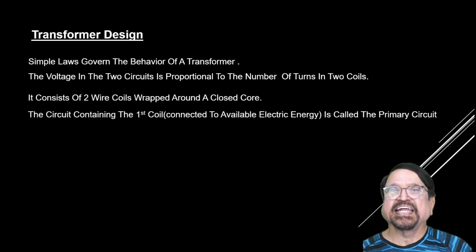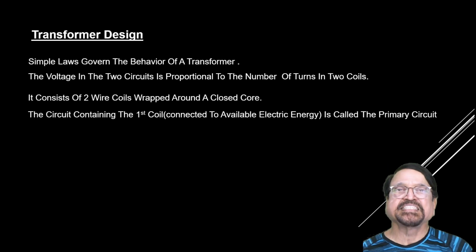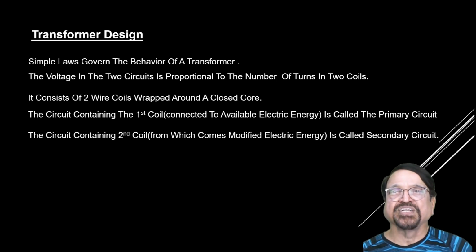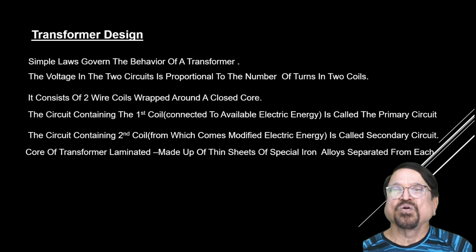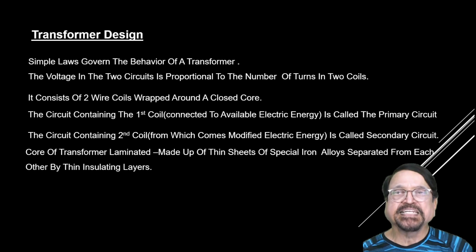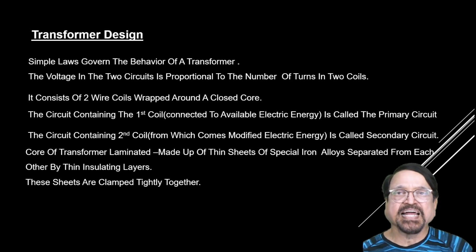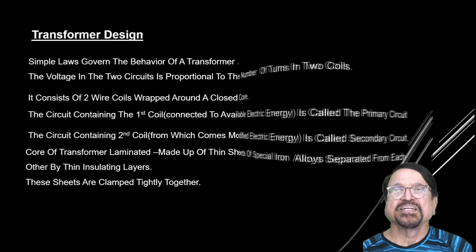The circuit containing the first coil, connected to the available electrical energy, is called the primary circuit, and the circuit containing the second coil, from which comes the modified electrical energy, is called the secondary circuit. The core of the transformer is made up of thin sheets of special iron alloy separated from each other by thin insulating layers. These sheets are clamped tightly together.